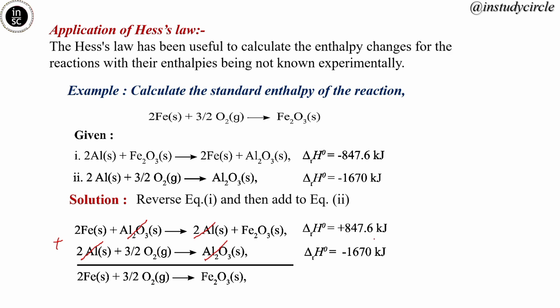The standard enthalpy of the overall reaction is obtained from the summation of the two enthalpies. The enthalpy of the second equation is minus 1670 kilojoules plus the standard enthalpy of the first equation, plus 847.6. These are subtracted.